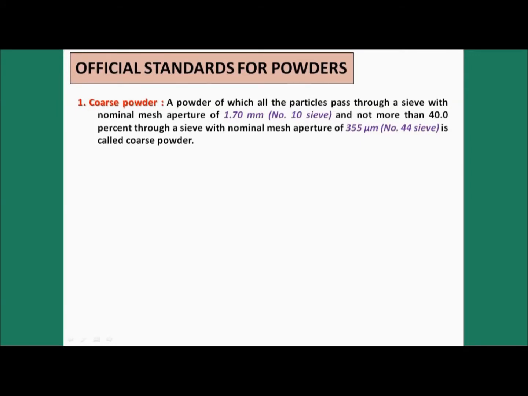Moreover, not more than 40% of this 5 gram of powder which we have used for separation can pass through sieve number 44. Those are known as coarse powder.